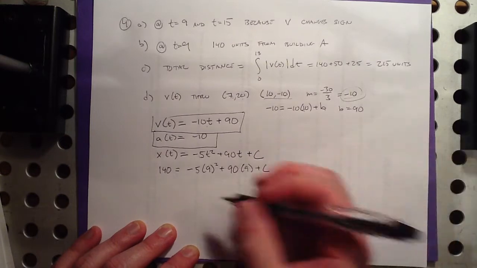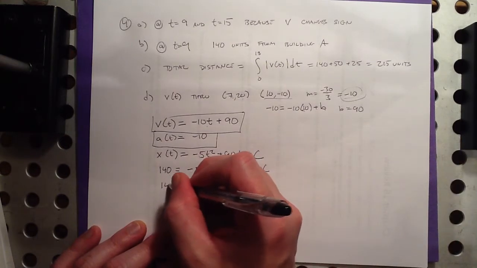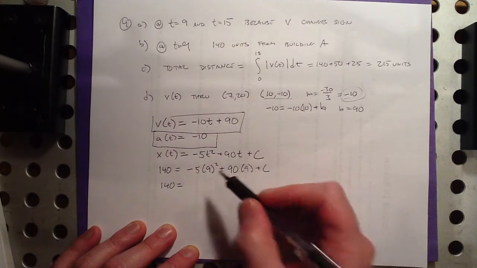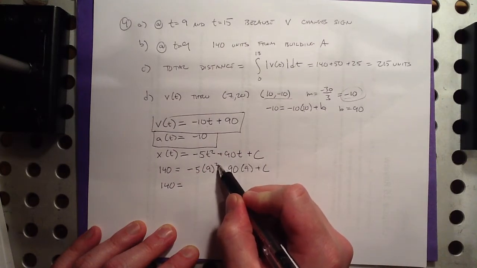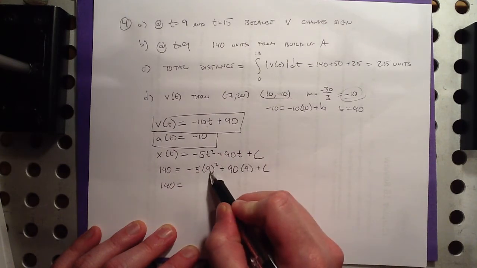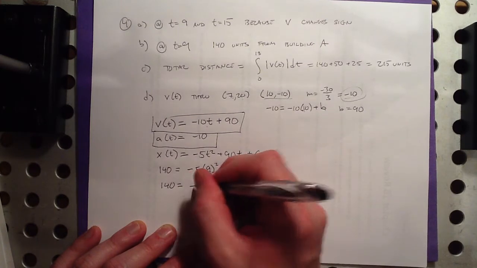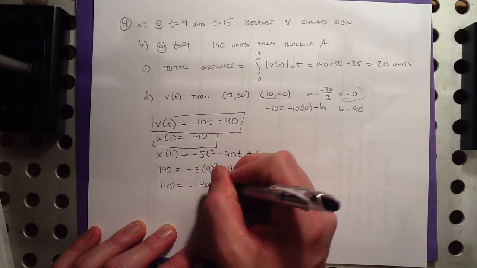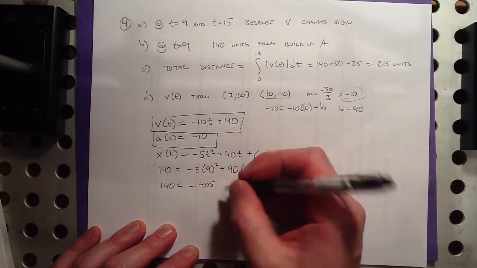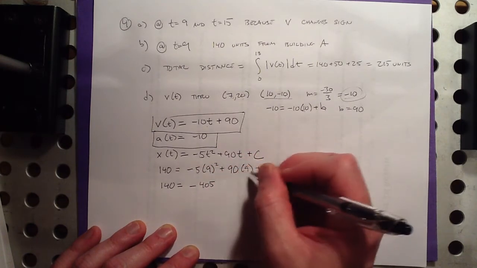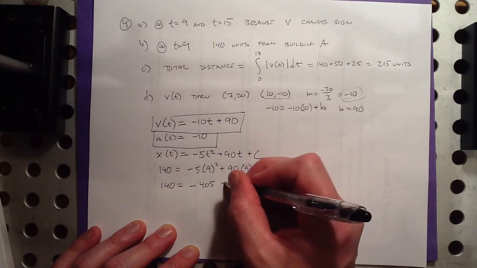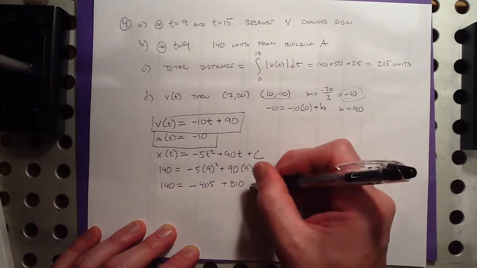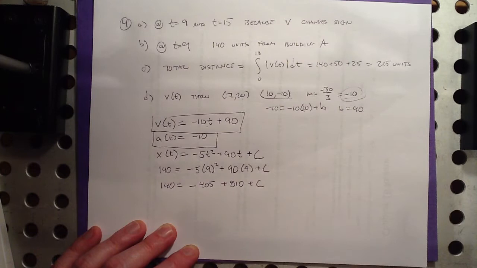So let's see if we can manage this horrible arithmetic without our calculators. 9 squared is 81. 5 times 80 would be 400 plus the extra 5 would be negative 405, I believe. And then 90 times 9, well 9 times 9 is 81, so that would be 810 plus C.